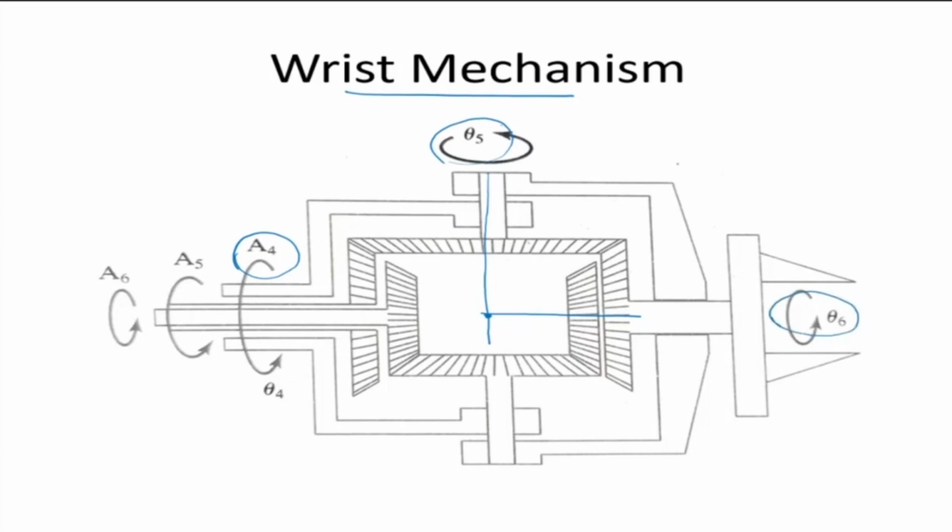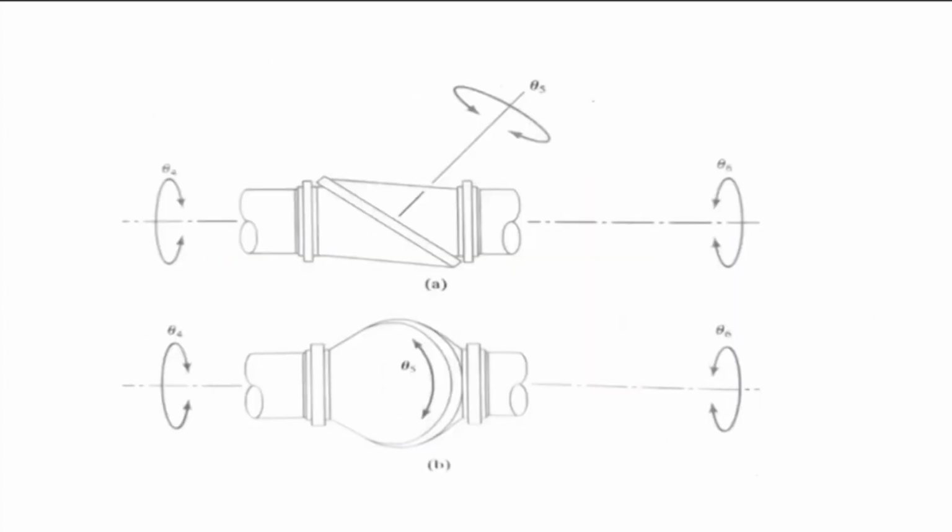So this is a wrist mechanism, also called the 3-axis intersecting wrist mechanism. So a lot of industrial manipulators satisfy this, because otherwise there will be a problem in the inverse kinematic solution. So we have to keep this in mind when we are designing the wrist of the mechanism. This is another one where we have 4, 5, and 6, where you see that the axes are intersecting at that point.